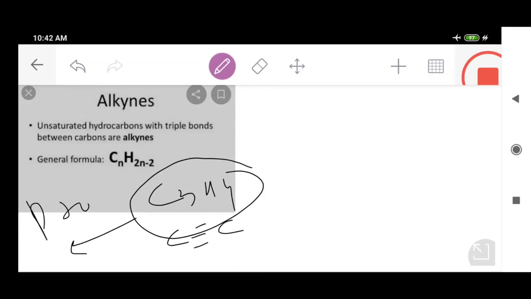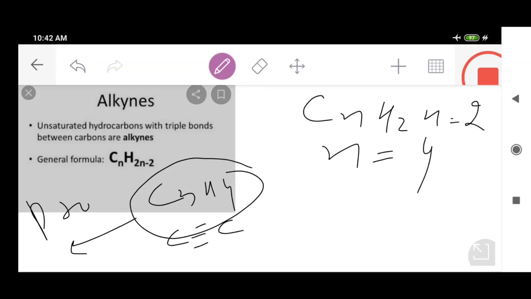Let's discuss another member. CnH2n-2. Put the value of n equal to 4 now. If an alkyne has 4 carbon atoms in its molecule, then n equals 4. n is the number of carbon atoms. You people should remember this.